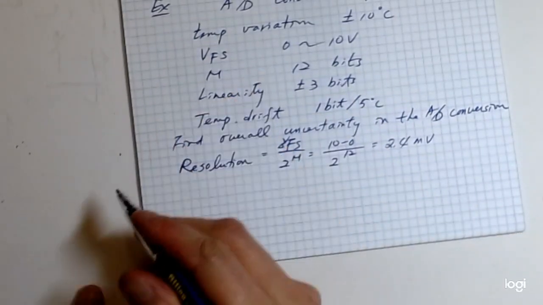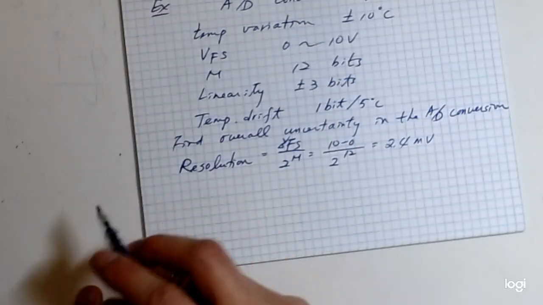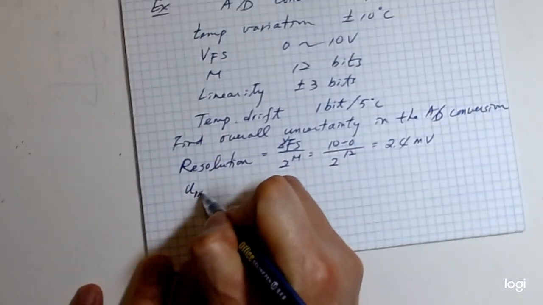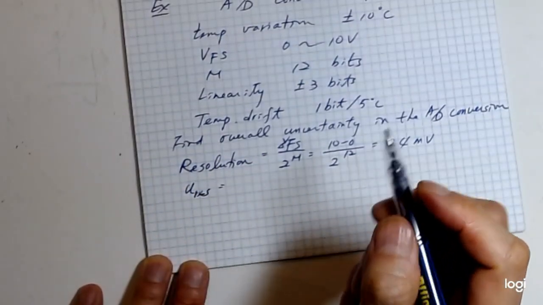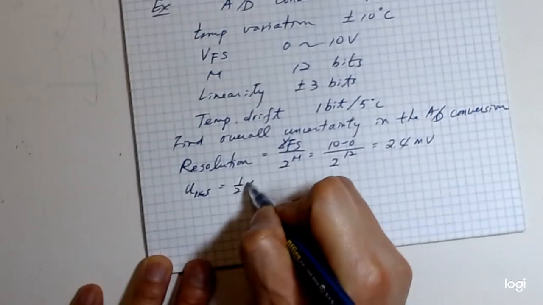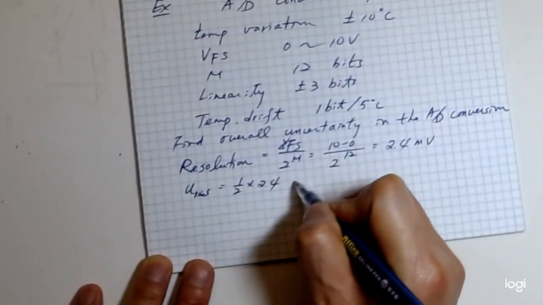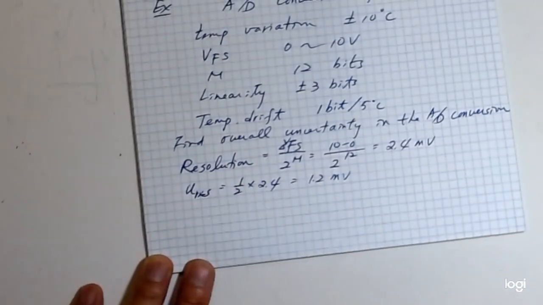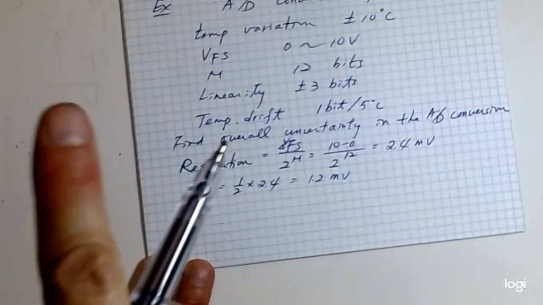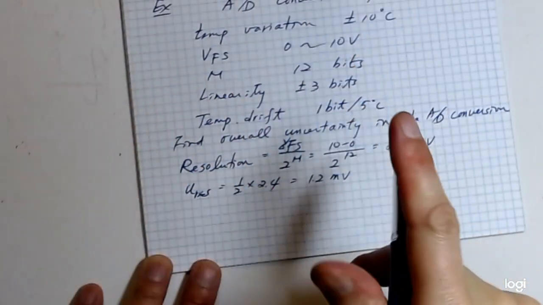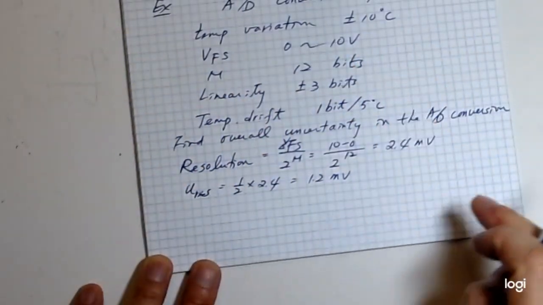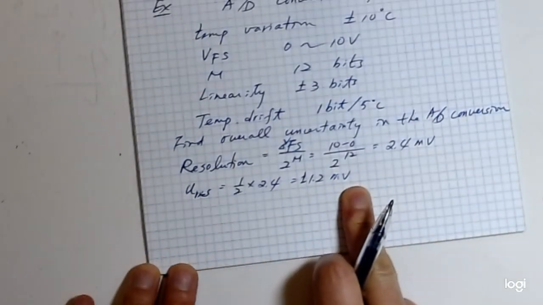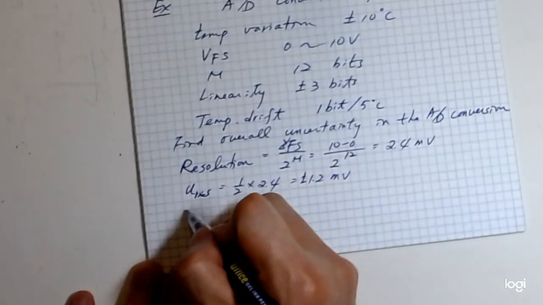First of all, error due to resolution. That should be half of the resolution, 2.4, so that's 1.2 millivolt. Again, uncertainty is a range of values to enclose the truth, so it's positive and negative, plus minus. Now, linearity errors.